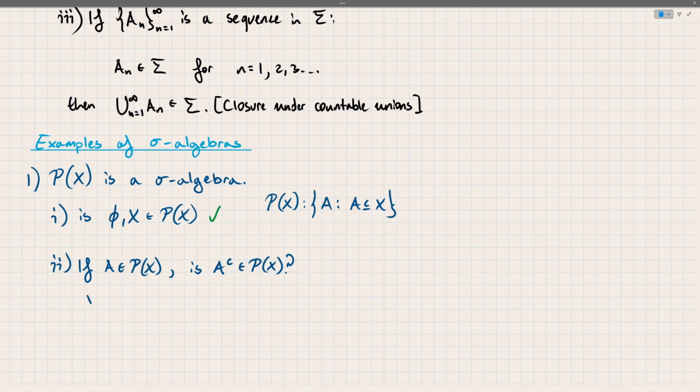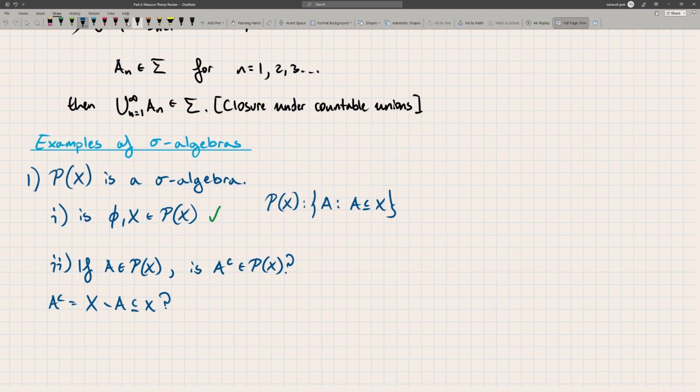So, is it true that X minus A is a subset of X? Well, this is clear by definition of set subtraction, because X minus A, or A complement, is defined as all of the elements of X that are not in A. Well, all of the elements of X that are not in A are elements of X. So therefore, A complement, which is X minus A, is of course a subset of X. Okay, so we get our second condition.